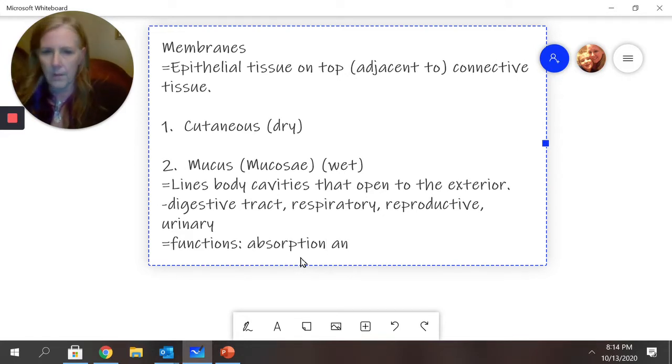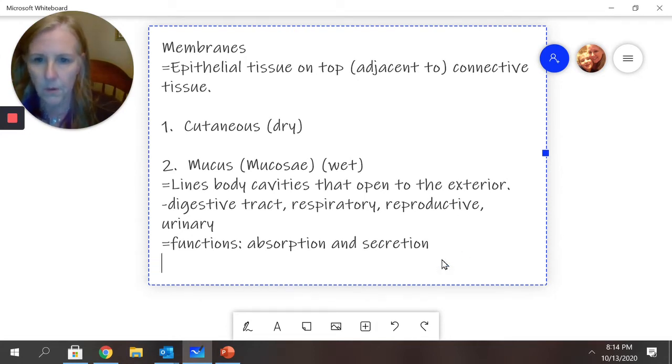Absorption and secretion. You've heard those terms before.